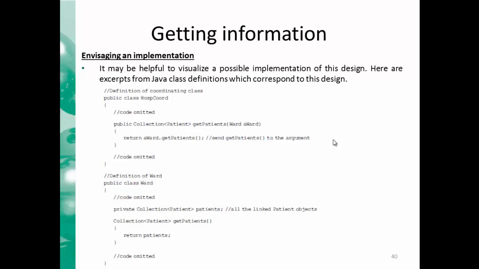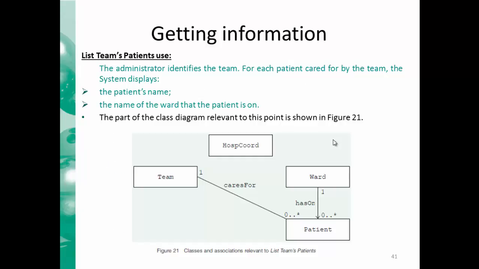Implementation of the method getPatient is also implemented. Please note that our attribute collection is defined as being private to keep the integrity of the data within the core class ward.